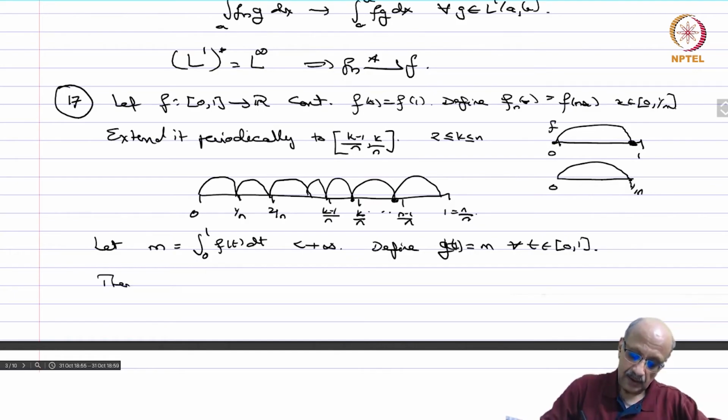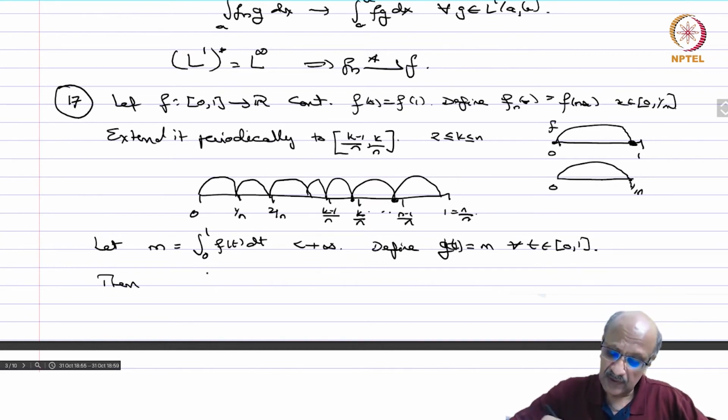Then Fn is of course in all the Lp spaces. It's in L infinity and in all the Lp spaces because it's a continuous function on a compact set, and that's why we took it periodic. Because when we take the same value at the endpoints and then you repeat, it becomes a continuous function.